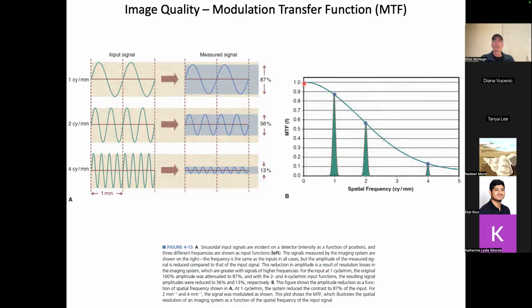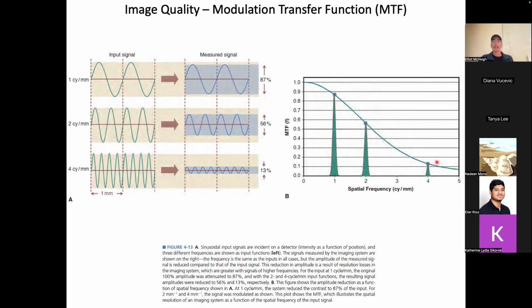So here's our relative amplitude that the imaging system passes as a function of cycles per millimeter. If I take the Fourier transform of this function, here's that Fourier guy again, I get the point spread function.